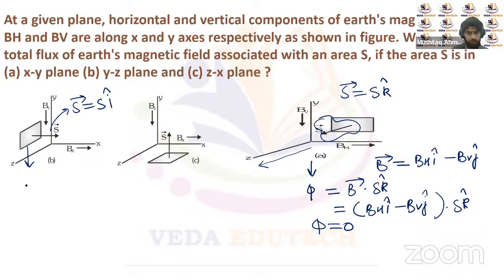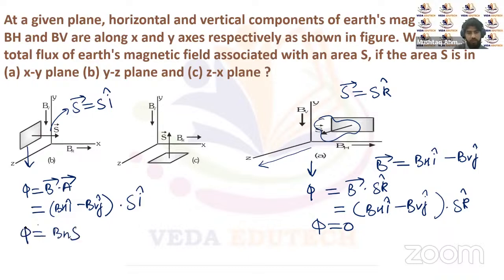So the flux through it, phi, will be given as B dot A, that is (Ph i cap minus Pv j cap) dotted with this S i cap vector. So it will be Ph times S. This will be the flux through this loop because of the magnetic field due to Earth.